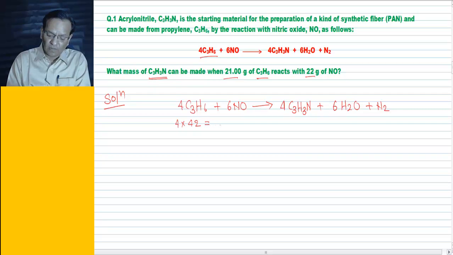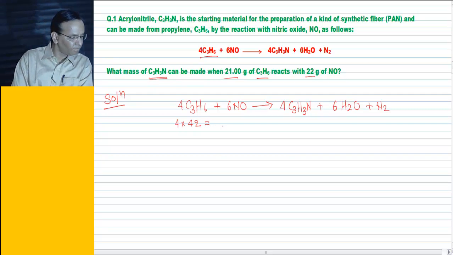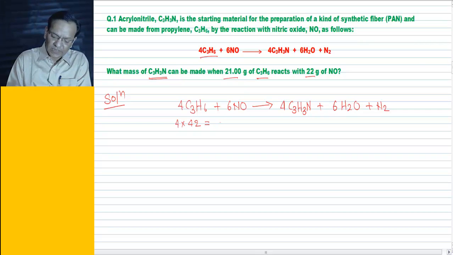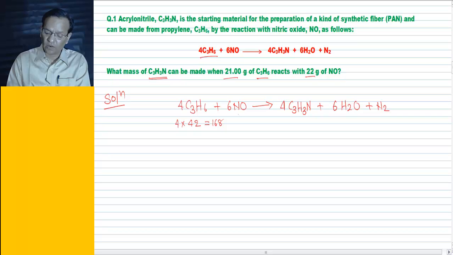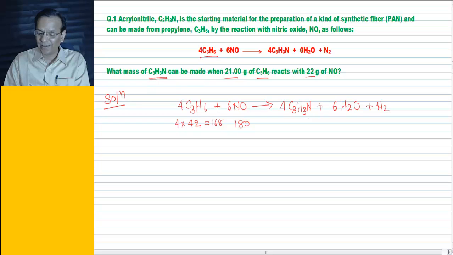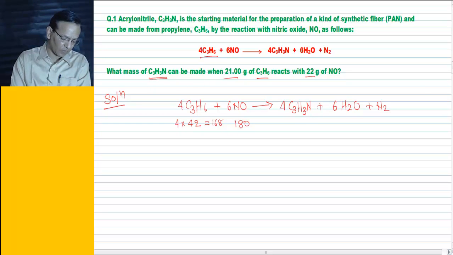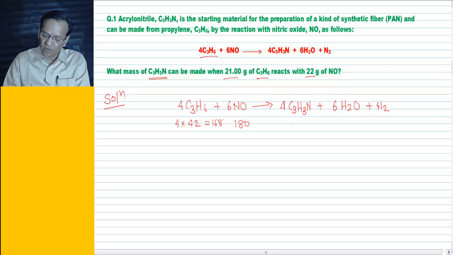So it is 4 into 42, 168. It is 6 into NO. Nitrogen is 14, oxygen is 16, so it is 30 into 6, 180 gram, giving 4 into C3H3N: C3 is 36, H3 is 3, 39 plus 14, 53 gram.